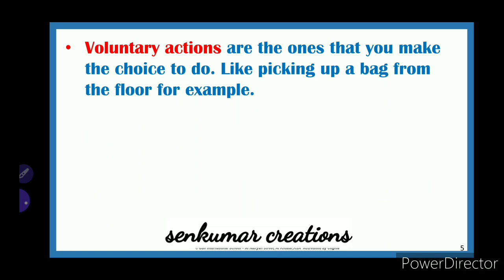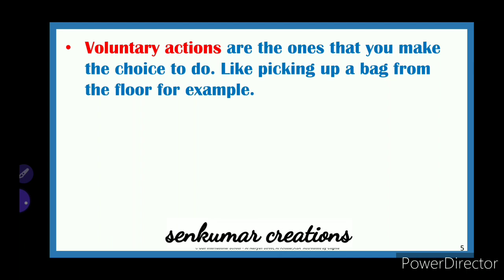So involuntary actions we have seen, and now we are going to see voluntary actions. Voluntary actions are the ones that you make the choice to do. Okay, so it's a choice: one can decide, and the brain can send the message or the response to the particular stimulus. It's like picking up a bag from the floor, for example. Say your school bag is there on the floor.